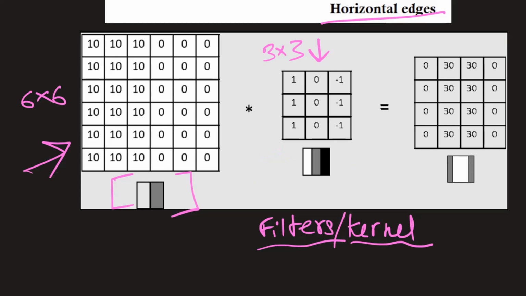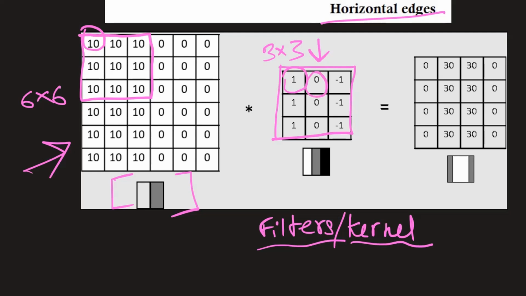As a first step of the convolutional operation, we take this entire 3 by 3 matrix and place it on the image like this. This is the first step. The second step is to do element-wise multiplication, which means this element will be multiplied with this element.